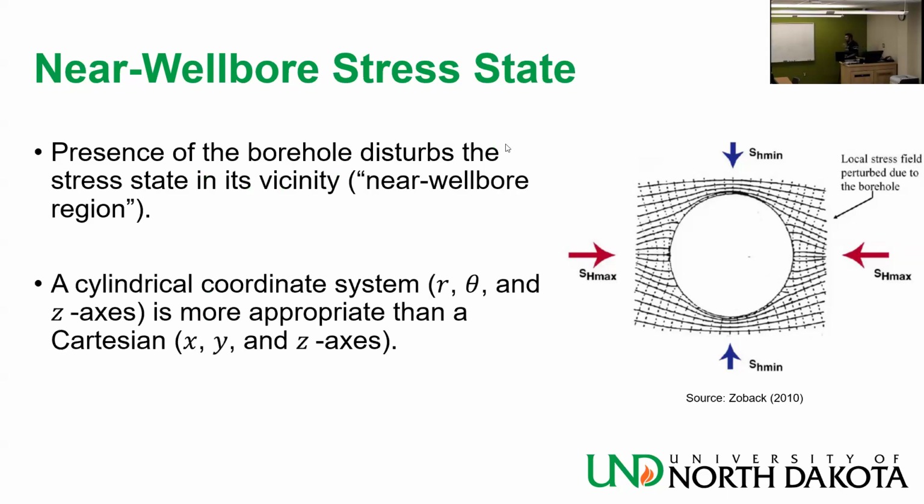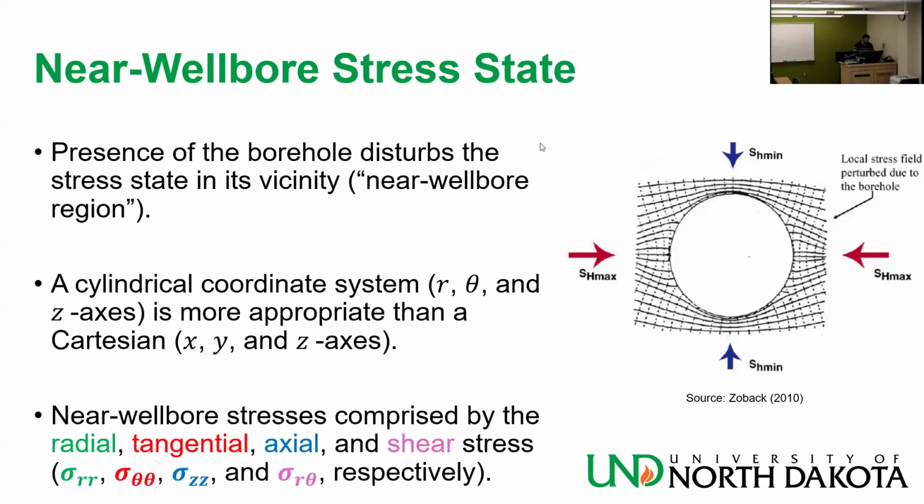And because of the shape of the well, I prefer to use cylindrical coordinates. So I go from Cartesian, which is x, y, z, as SV, SH max, SH min, to a cylindrical coordinate system, r, theta, and z, or polar coordinates.